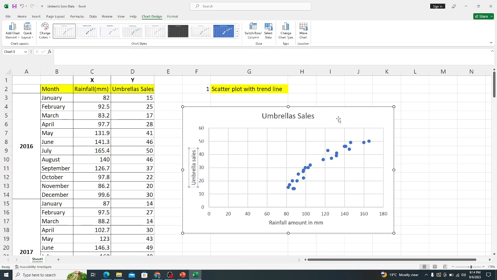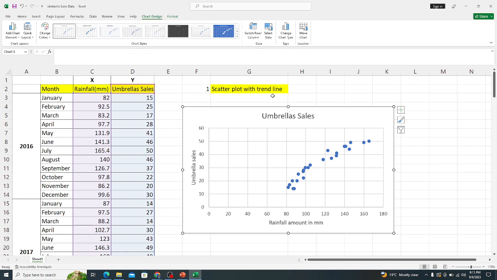All right, so now we want to include what we call a trend line. Under trend line, we need a line, something which will show us a linear relationship.